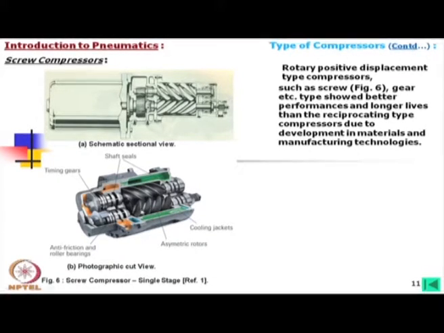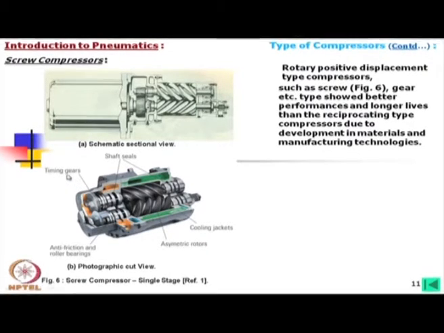If we look into this figure, it looks something like this. These two profiles are not the same. It is not very clear from this figure, but from the side view we can look into this.